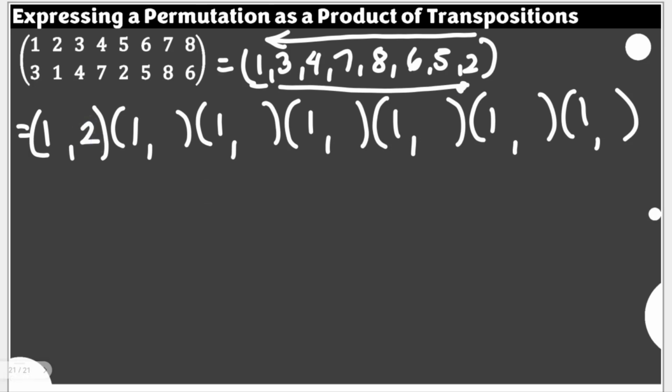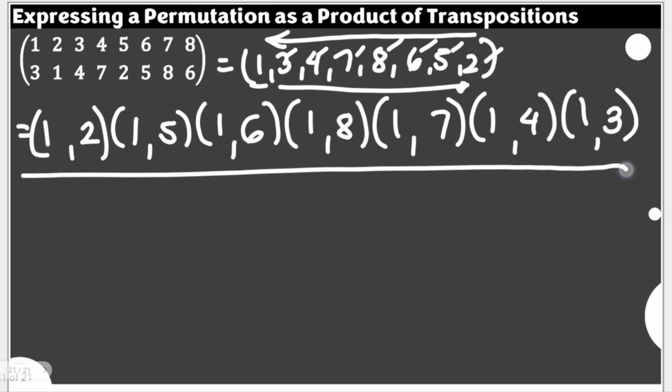Then from right to left, we have 5, followed by 6, 8, 7, 4, and 3. Again, we started with the farthest, 2, then 5, then 6, 8, 7, 4, and 3. So this is the entire expression of the product of transpositions that will result to the given permutation. This should be the answer to this video.